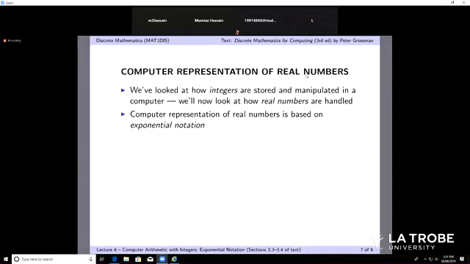When dealing with really large value sets, I'm trying to think of a real world example, but say we're dealing with really high temperatures or something, then you notate that as an exponential. Close to that. Sort of, a very big number, or a very, very small number, you write it in exponential form.